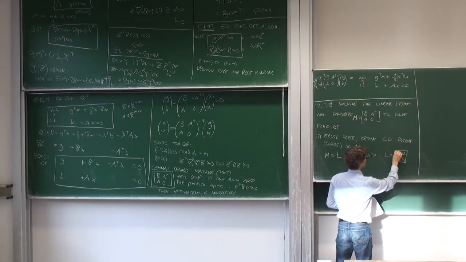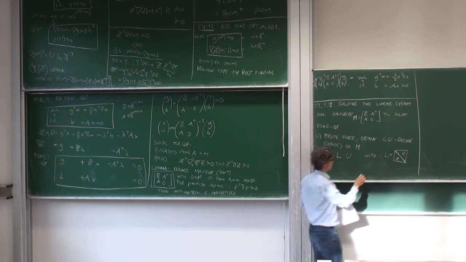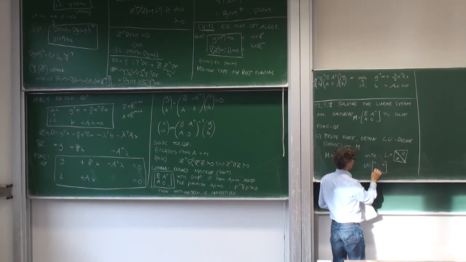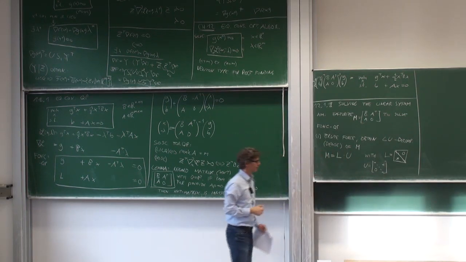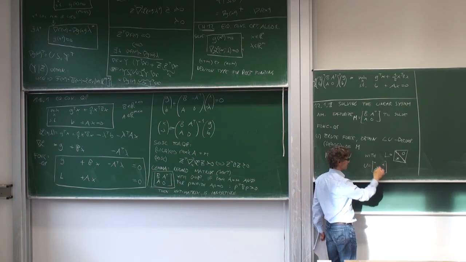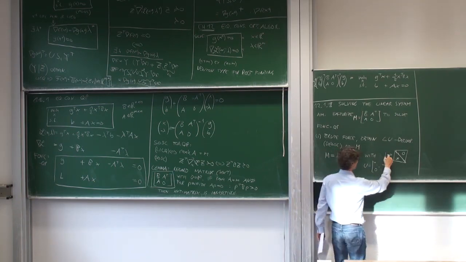So it has all zeros here, and it has ones on the diagonal and something on the lower diagonal. And U will be an upper triangular matrix which has something here and there, but zeros on the lower diagonal. And also the U will have non-zero entries.